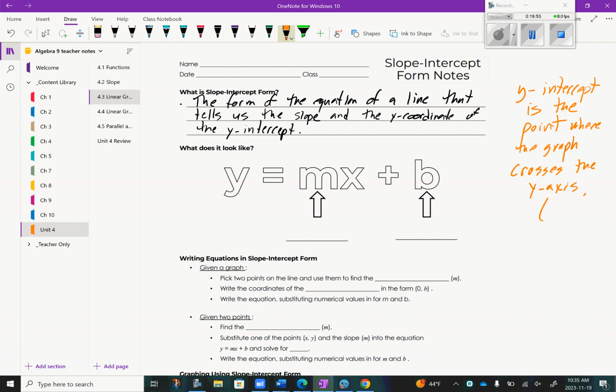Because it's on the y-axis, the x coordinate is always going to be 0. It looks like y equals mx plus b. M is what we use for slope. B is, again, that y coordinate of the y-intercept.